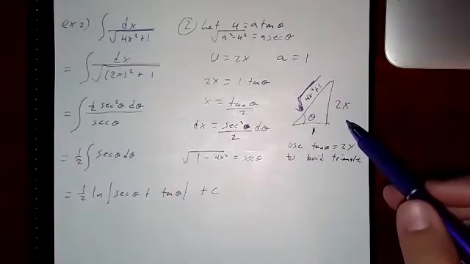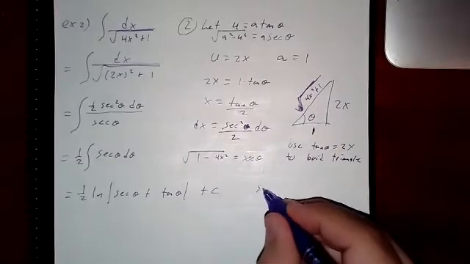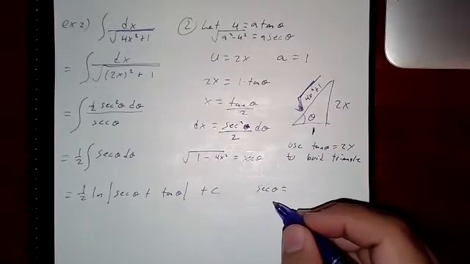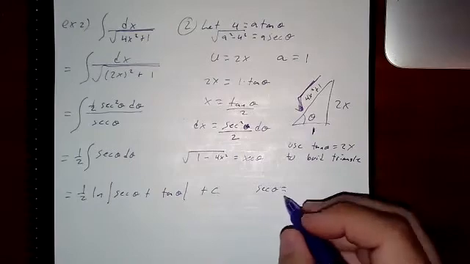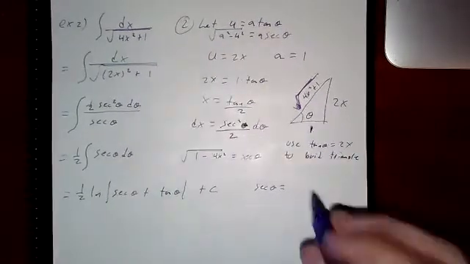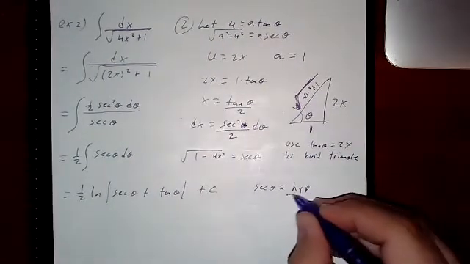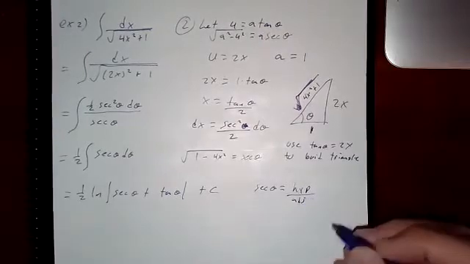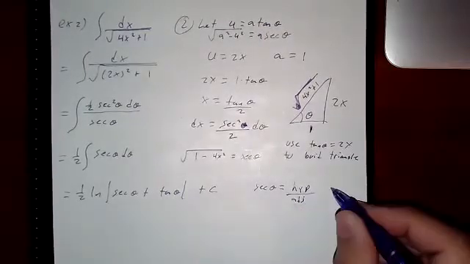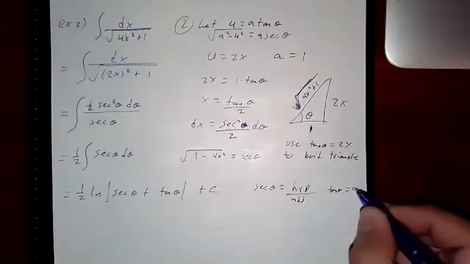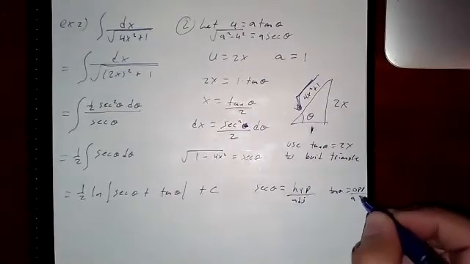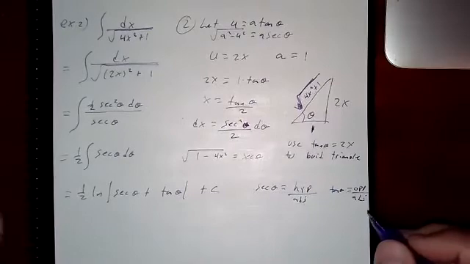So secant, write down the definitions in case you guys forgot. Secant is technically what, 1 over cosine. So that would be hypotenuse over adjacent. Tangent is opposite over adjacent. Right?